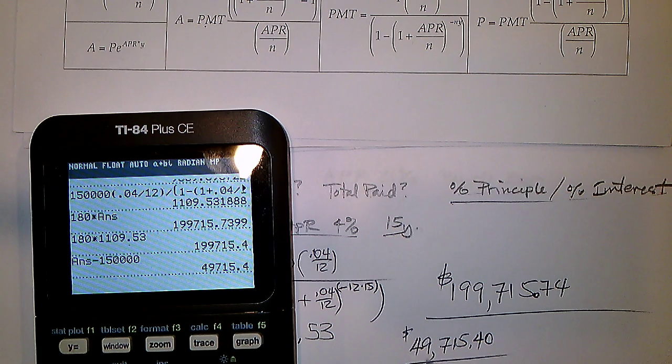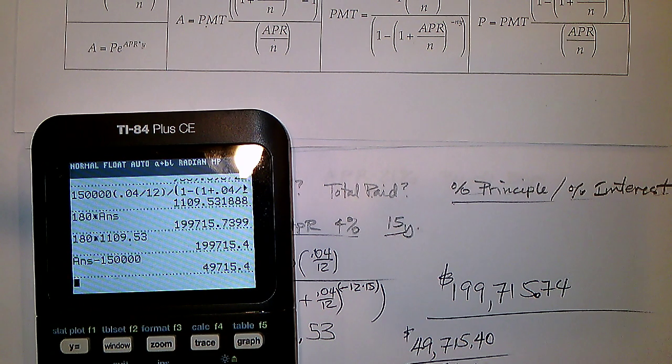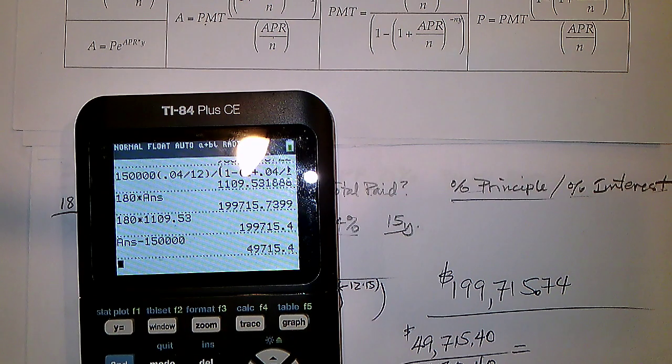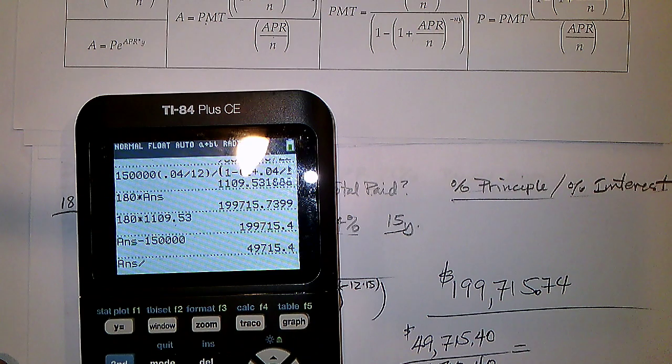If we divide it by the original number, 199,715.74, we'll find out the percentage that was paid in interest.